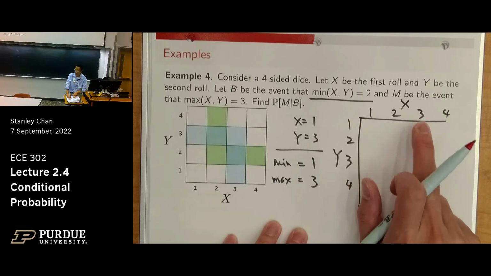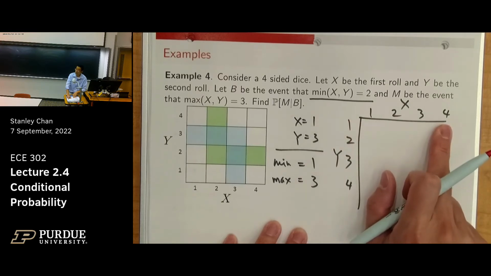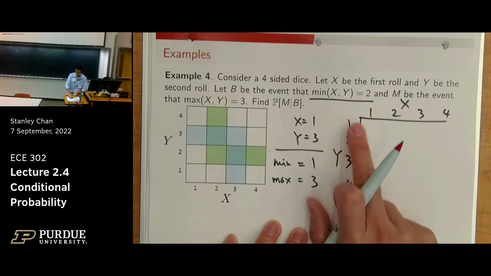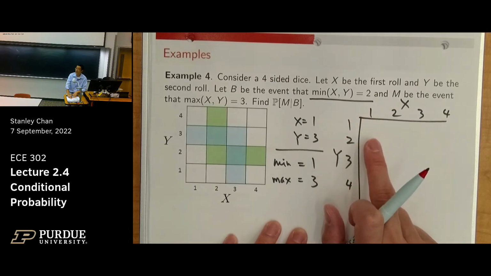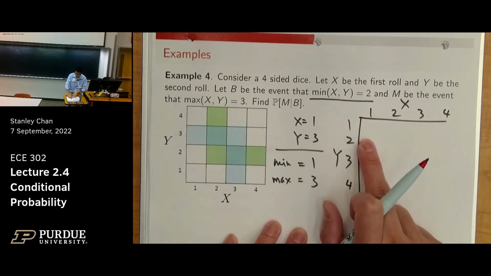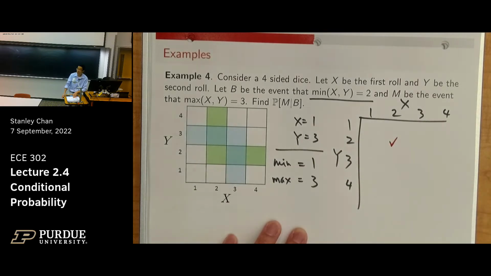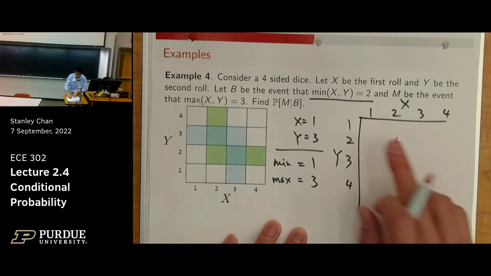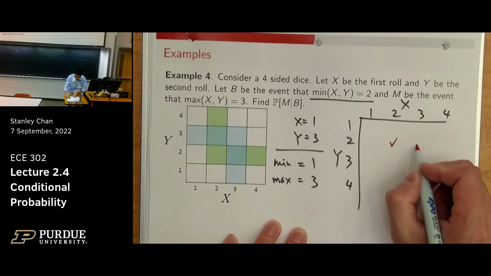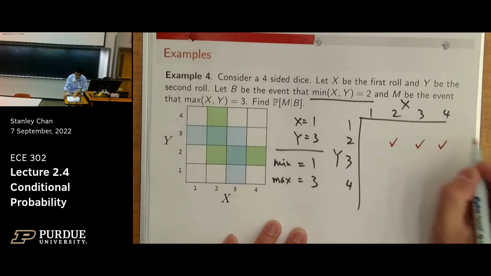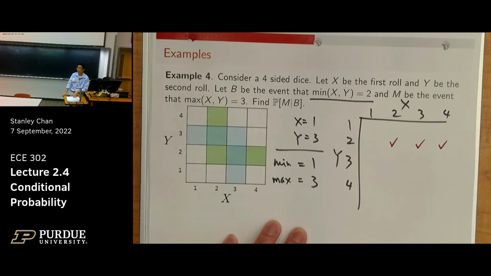1 and 3, the smaller is still 1. 1 and 4, the smaller is still 1. So 2 and 1, the smaller is 1, so that's not included. 2 and 2, well, that is included. 2 and 3, that's okay. 2 and 4, that's okay. Are you guys following my logic?